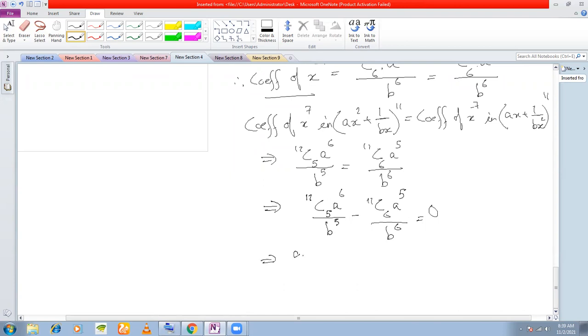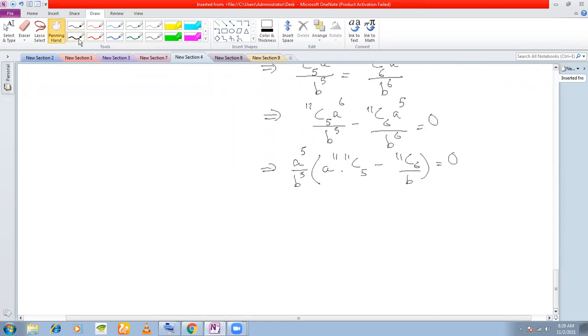Okay, now from here you can take a to the power of 5 by b to the power of 5 common to get a to the power of 5 into 11c5 a minus 11c6 by b is equal to 0.